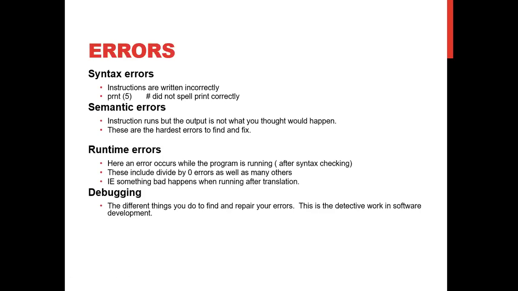Okay, runtime errors. Runtime errors occur while the program is running. While executing the program, we get some type of errors, for example, divide by zero. If the denominator value becomes zero, then the value is unpredictable.